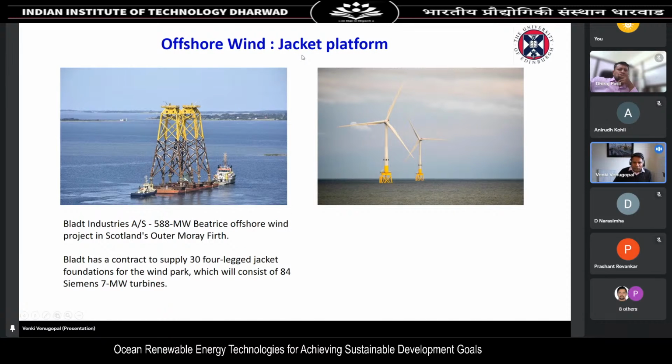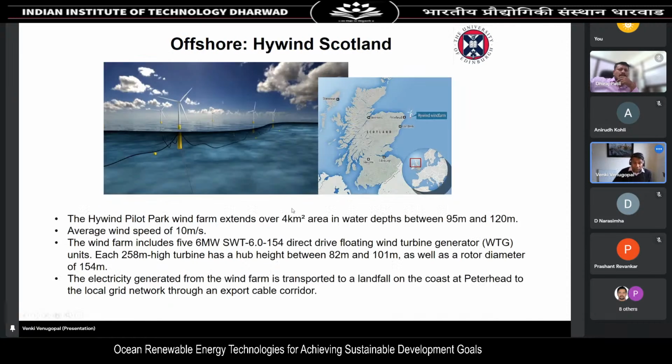And on top of the monopile type, you could also have jacket type foundations, and you can put your turbine on it. This is very popular around Scotland now, and more development is going on. And as of now, there are 5 floating wind turbines in operation in the North Sea, producing electricity since 2017.